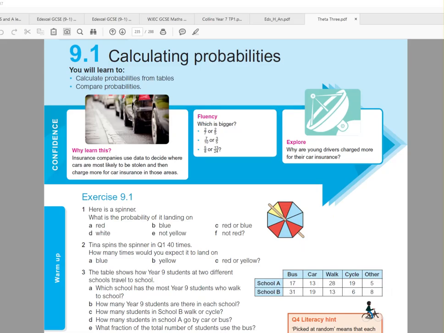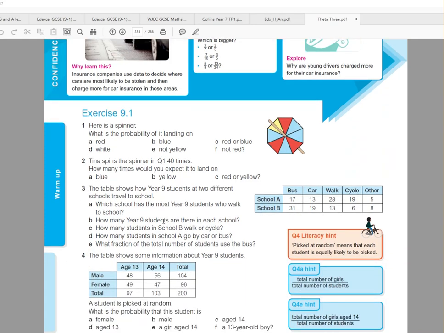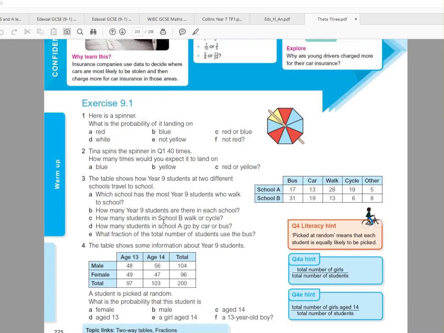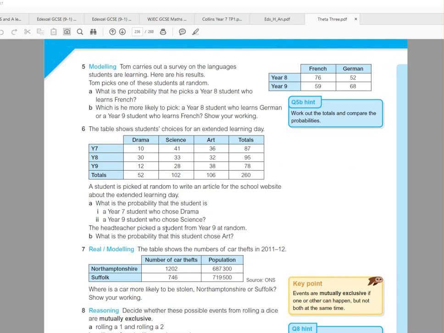Okay, now I want you to complete exercise 9.1 for me. It's on page 225 in your books, which is in the file folder. I'm going to attach this to the assignment as well. If you want to use this page, you can. There we go, page 225.